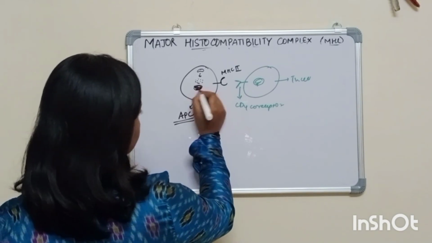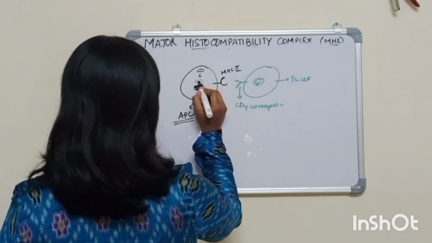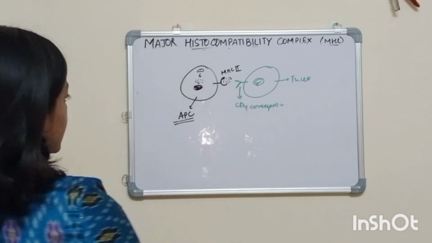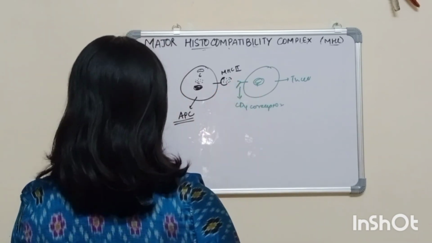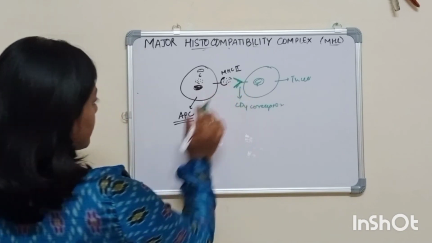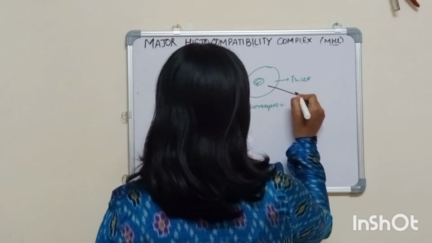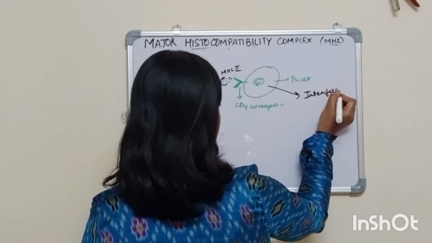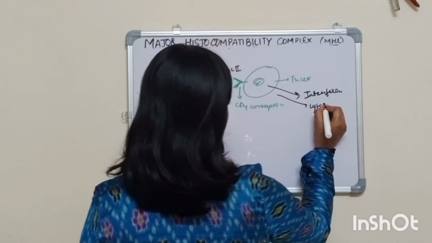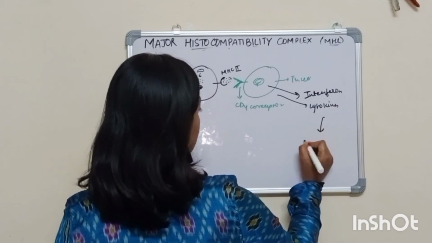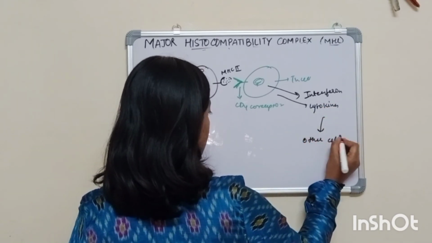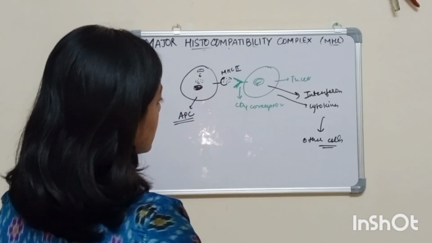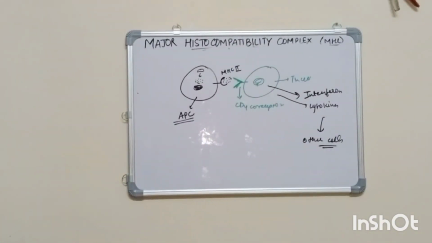Now what happens? These antigenic peptides are presented here. Now the CD4 receptor will recognize these antigenic peptides and it will secrete interferons, cytokines, that will attract other cells that will kill the antigenic cells.